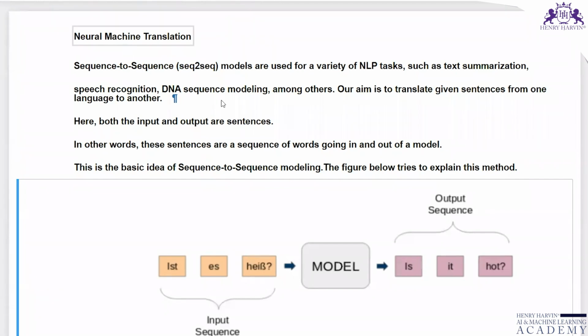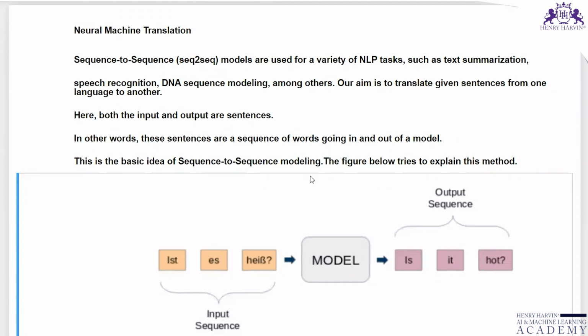What is input and output over here? Both are going to be sentences. The input sentence is going to be in German and the output sentence is going to be in English. In other words, these sentences are a sequence of words going in and out of a model. This is the basic idea of sequence to sequence modeling.